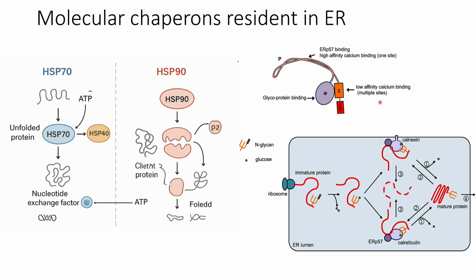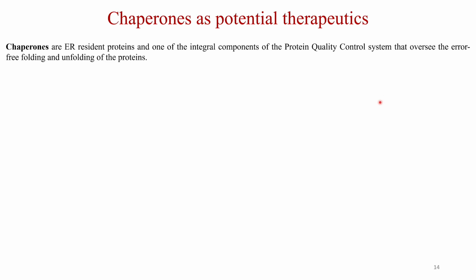So calnexin and calreticulin also have an important function. This is just a basic idea about the chaperones, and these chaperones are natively present in the endoplasmic reticulum, and they are doing their work. Whenever the misfolded protein burden increases, their expression increases to maintain the misfolded protein burden.